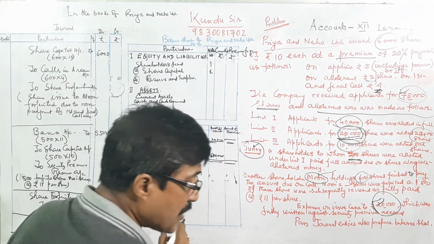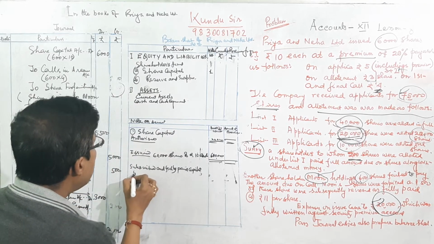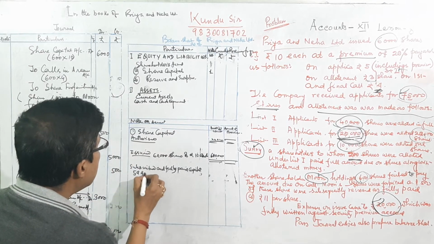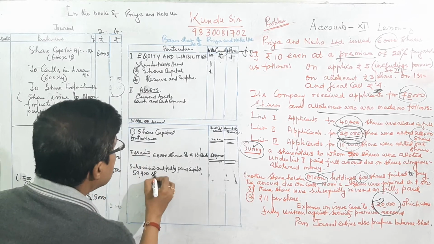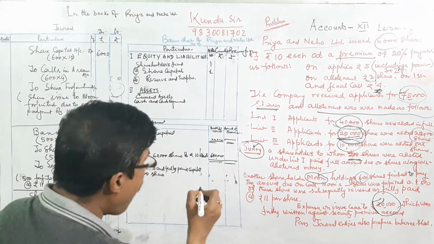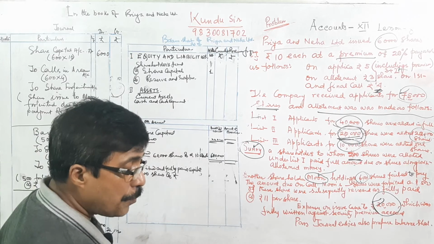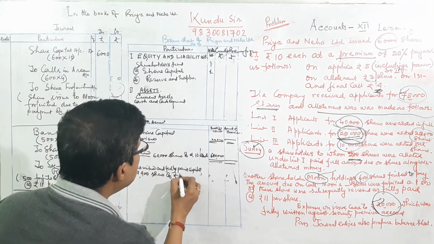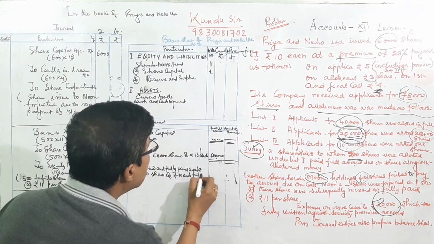Then issued, subscribed and paid up: 59,900 shares of rupees 10 each, fully paid.